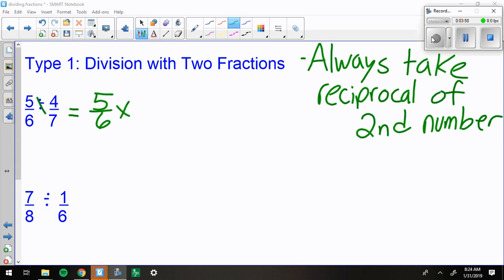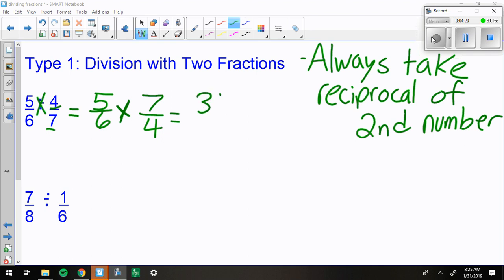My division changes to multiplication. And then I need to take the reciprocal of 4/7. What do I do to find a reciprocal? My denominator of 7 becomes my numerator. My numerator of 4 becomes my denominator. I just flip it.